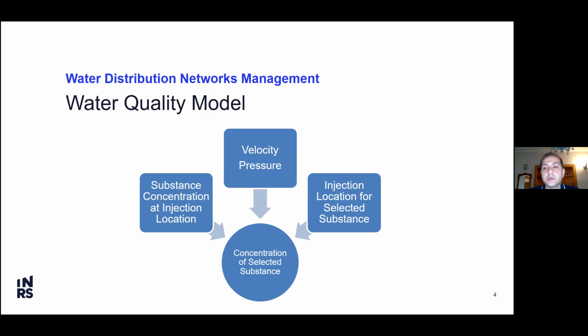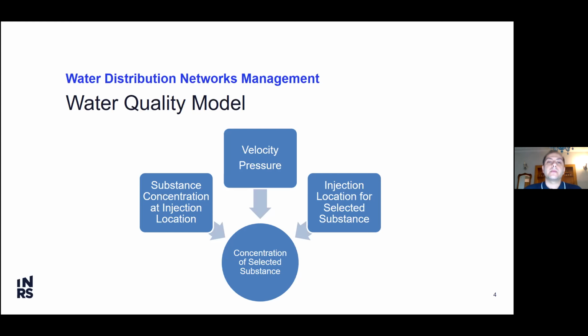As I mentioned, it can be chlorine, it can be ozone, or other chemical substances that can be useful or something bad in the drinking water. For the input of the water quality model, we need the substance concentration at the injection location. We also need the injection location and the velocity and pressure in the whole network, which can be obtained from the hydraulic model.